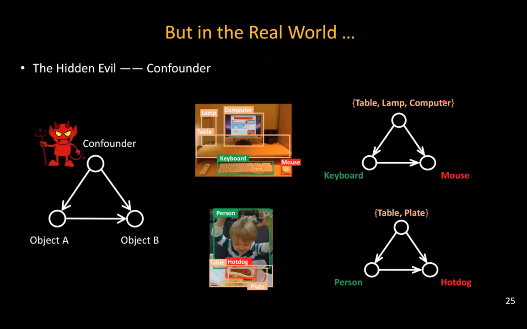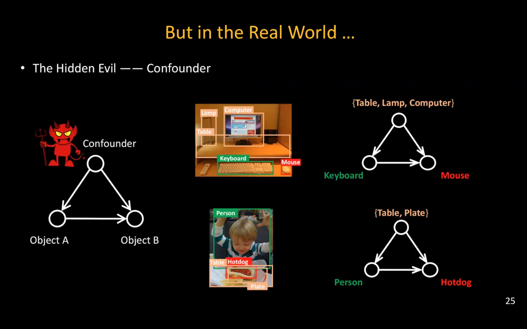But actually here, they say computer is a confounder. It's okay. But actually the reason why they put computer as a confounder is because they want to infer the causal relation between keyboard and mouse. That's why computer becomes a confounder.